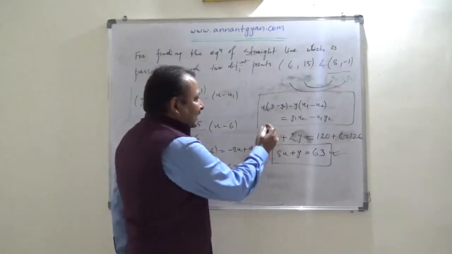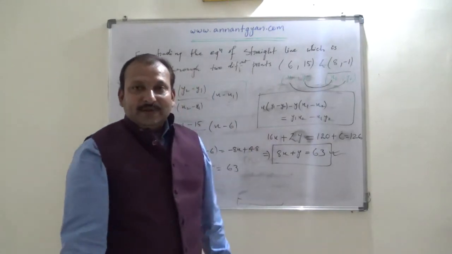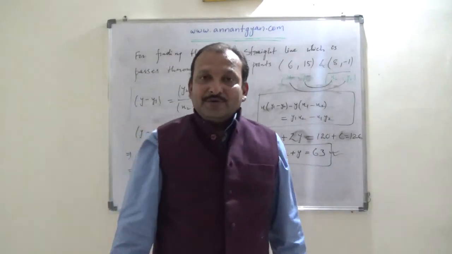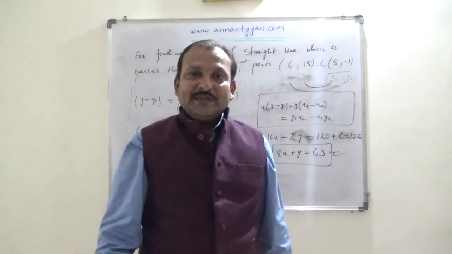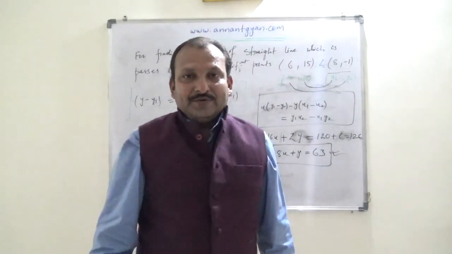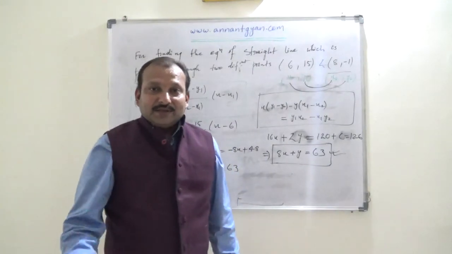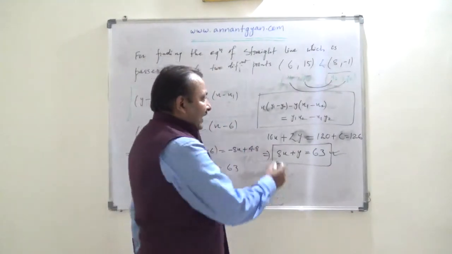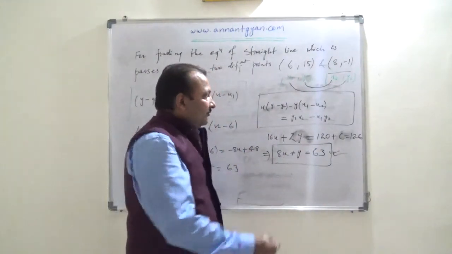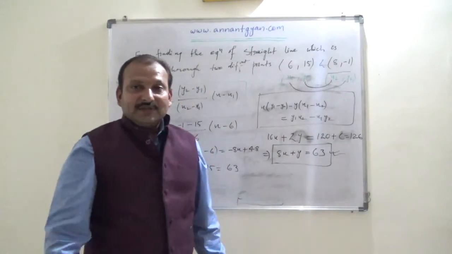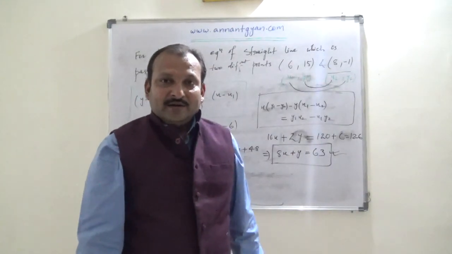So this Vedic formula will be very helpful to get the equation of a straight line directly, which passes through two different points. At that time we shall use this formula and we shall get the answers quickly.